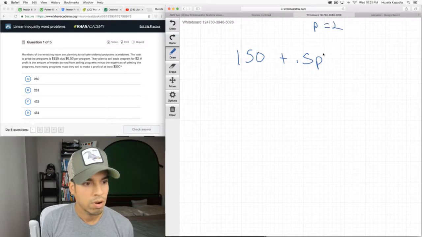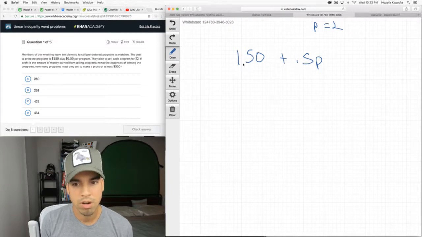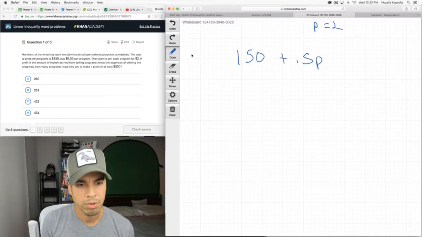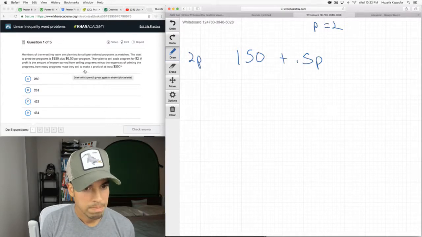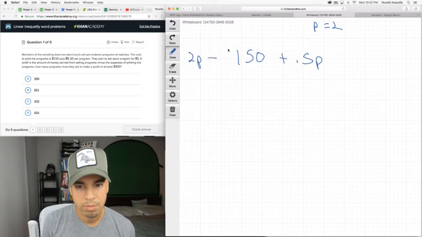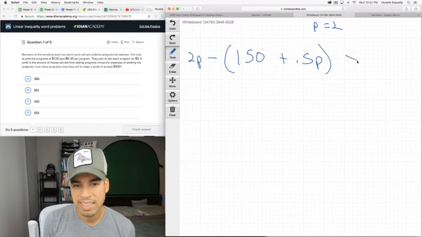If the profit is the amount of money earned from selling programs, so this is the cost, the amount of money earned from selling programs, 2P, minus the expenses of printing the programs, which is this. How many must they sell to make a profit of at least $500?